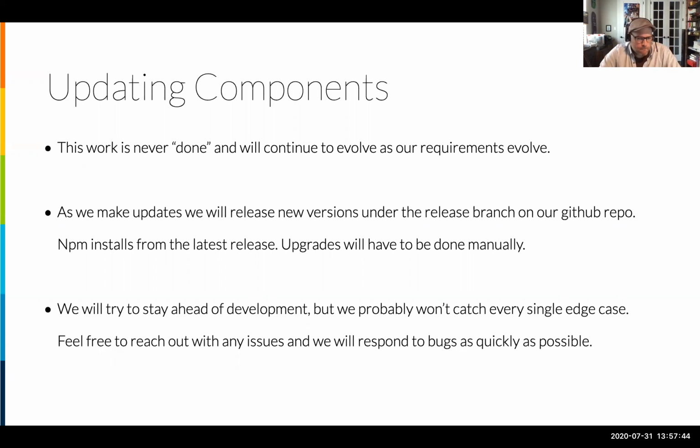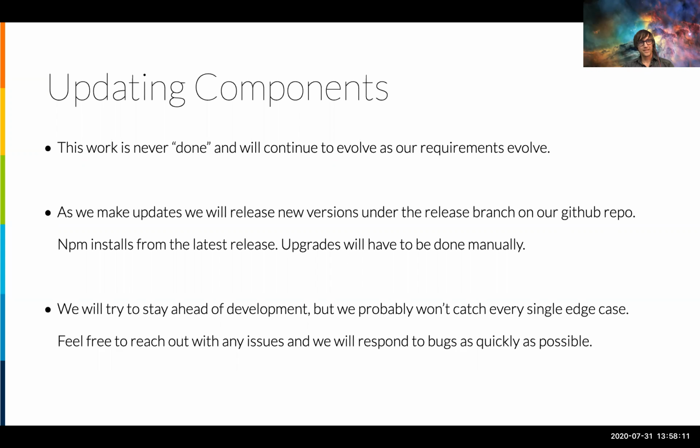Okay. All right. I think that was it for the updating portion. Yeah, updates are not done automatically, and you do actually have to go into npm or yarn or whatever your package manager is, and then manually update the system, and then you'll receive the new version and all the updates to the components.